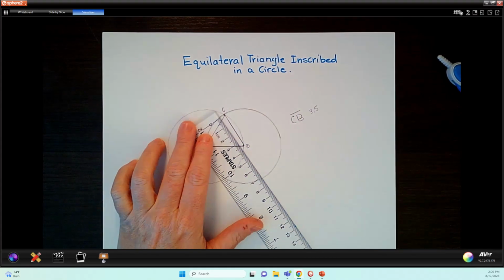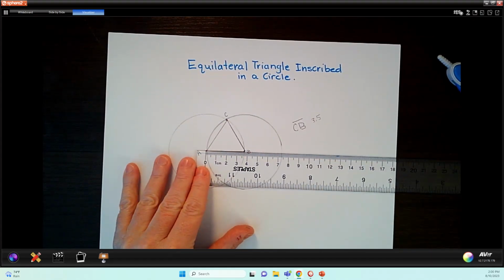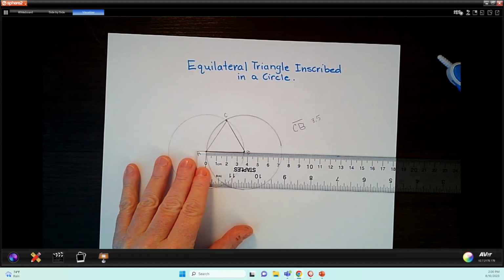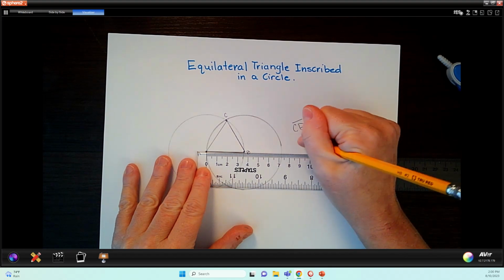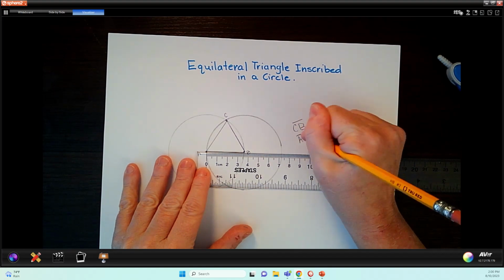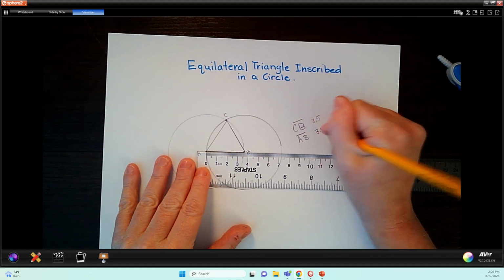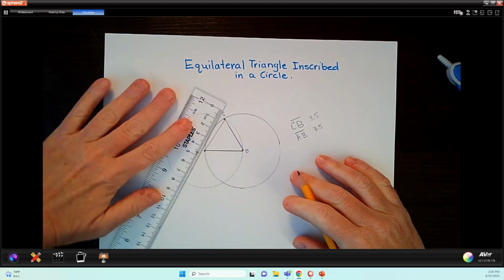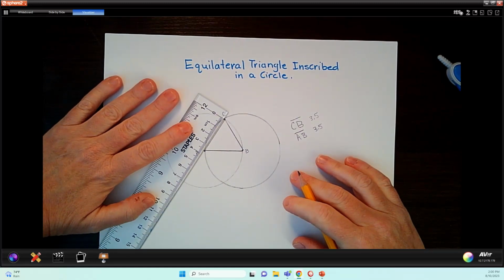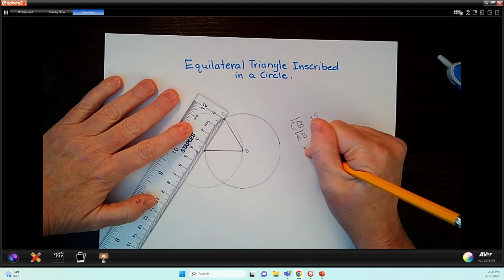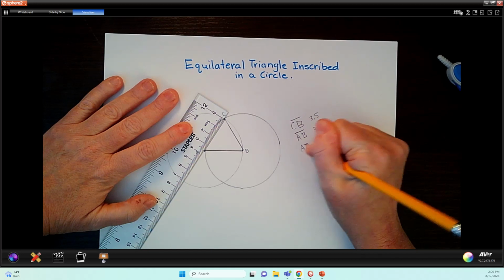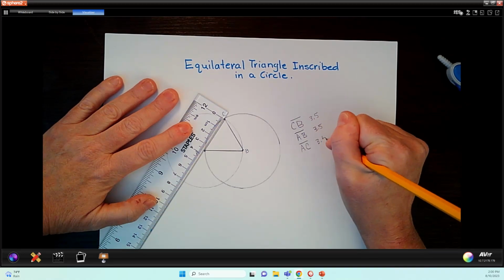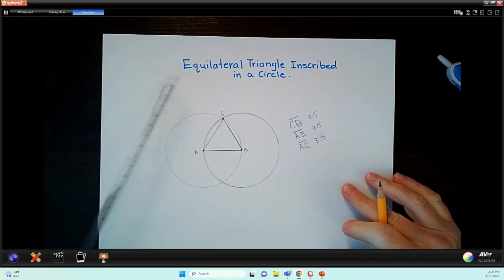Let's see if I did this correctly. Line segment AB is 3.5. And line segment AC, 3.5.